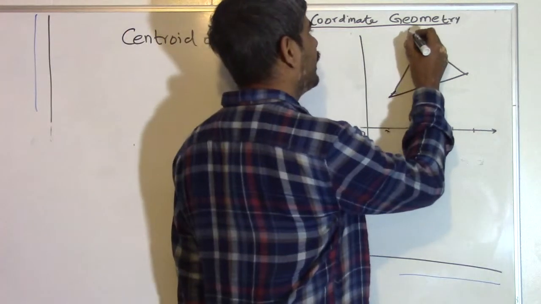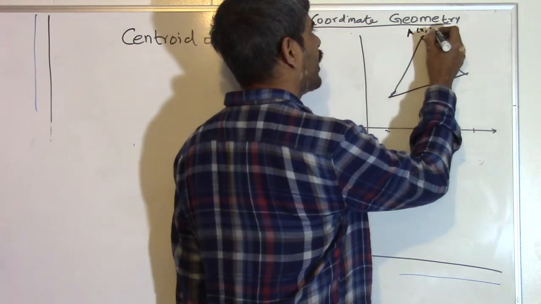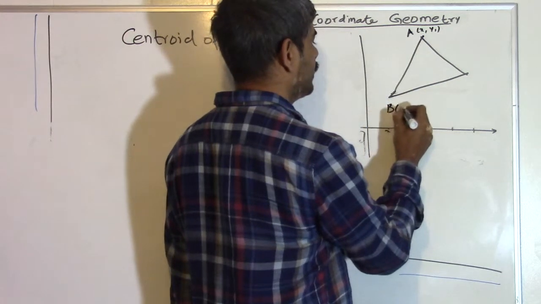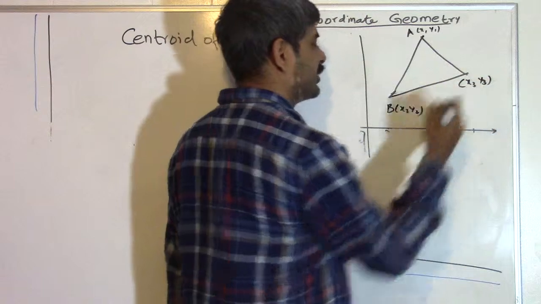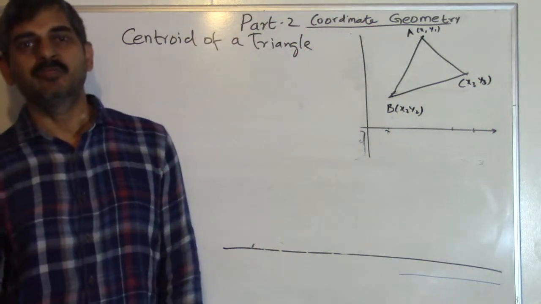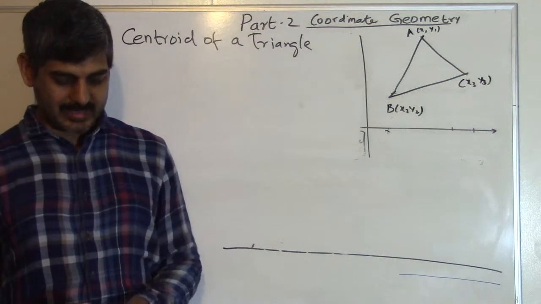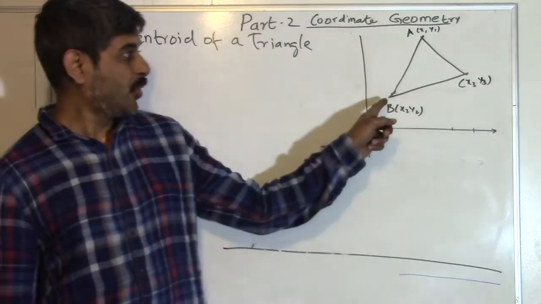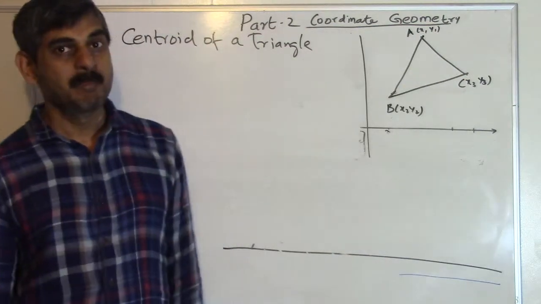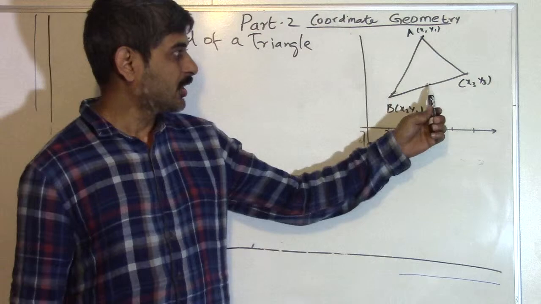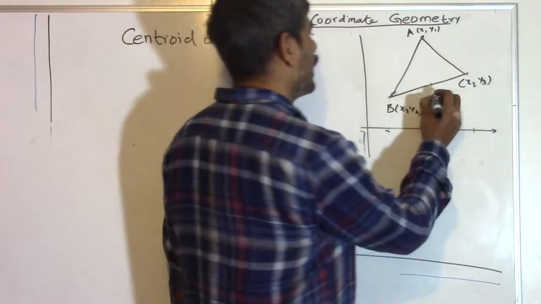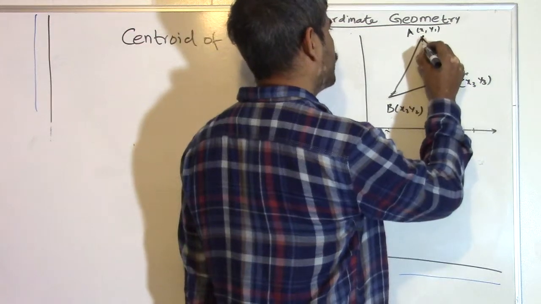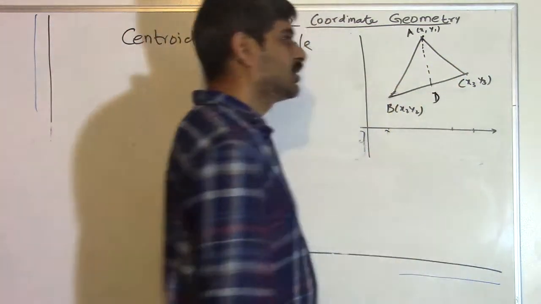Call it A, which has coordinates x1, y1, B with x2, y2, and C with x3, y3. Now, if I want, I can find the midpoint of B and C, and call it, let's say, D. And then I can join this point to this point.